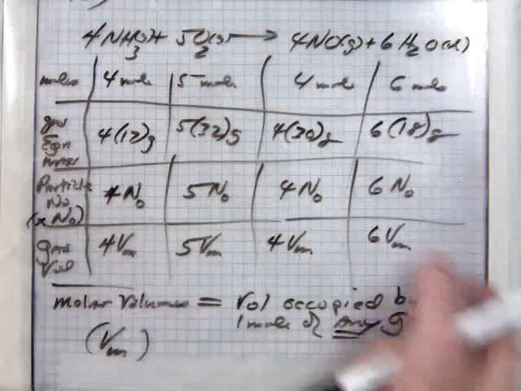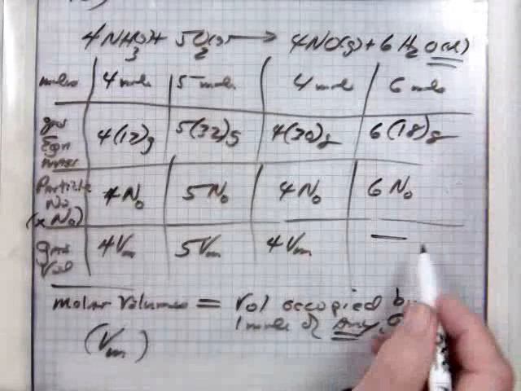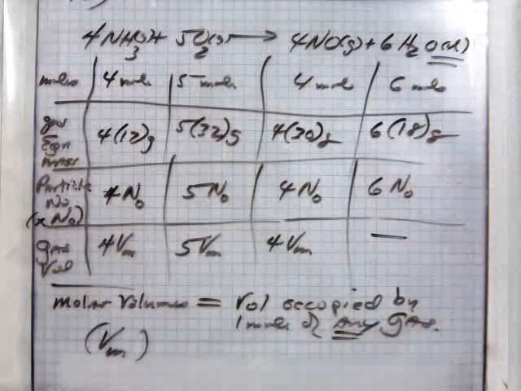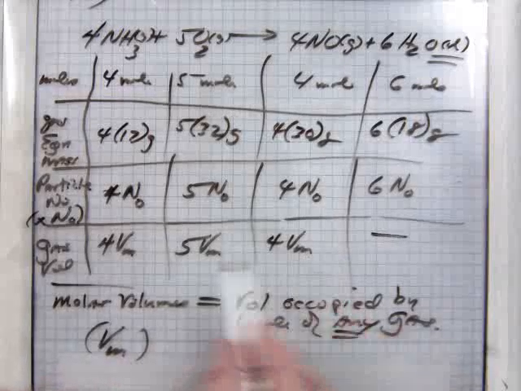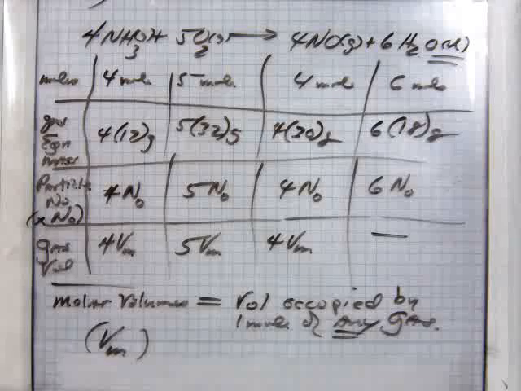Well, this one doesn't count because it's a liquid. So liquids do not have gas volumes, neither do solids. So you can ignore those. But you cannot specify a volume until you specify temperature, pressure conditions.